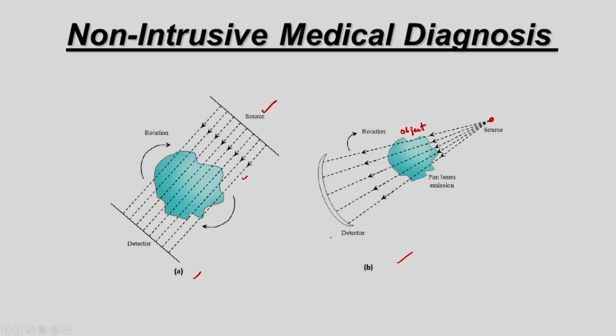So in this case also I am getting a number of projections. The first configuration and the second configuration, the concept is very similar, but the principle is slightly different. In the second case the source is not moving, but instead we are considering the fan beam emission. So the beam is rotating, and in this case I am getting a number of projections. From the projections my objective would be a 3D representation of the object, that is 3D reconstruction.